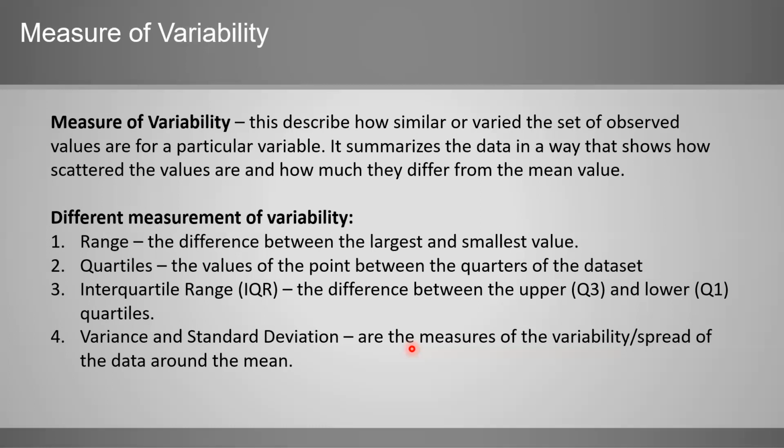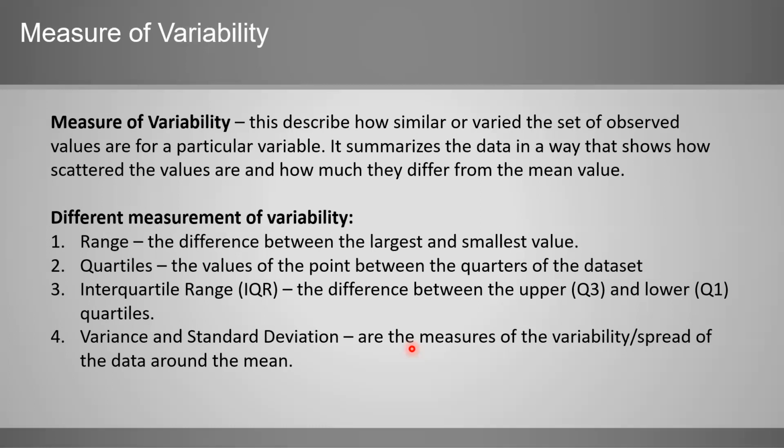Okay? So, meron tayong iba't ibang measurement ng variability. First one, una dito ay range. So, the range is the difference between the largest and the smallest value. Quartile is the point or the value at which the data is being divided into 4 parts.